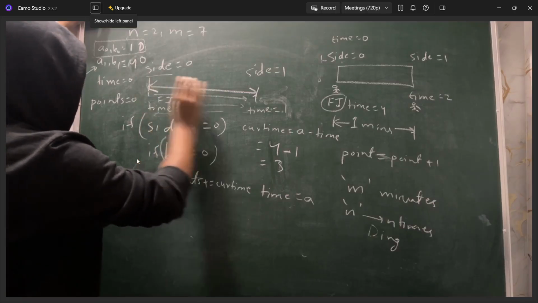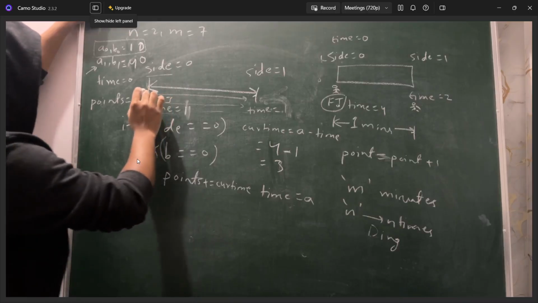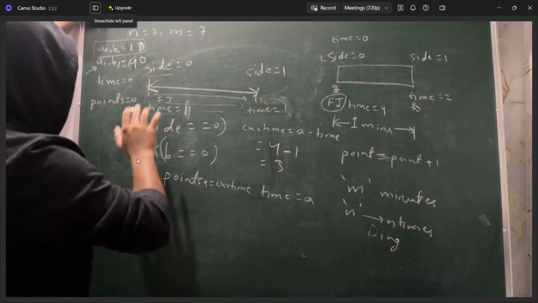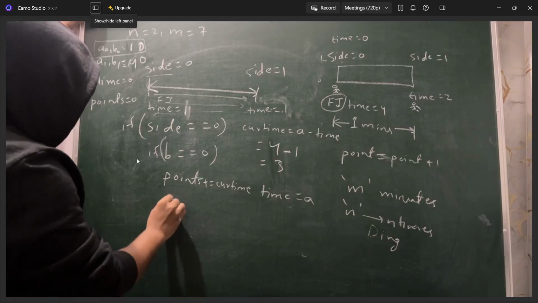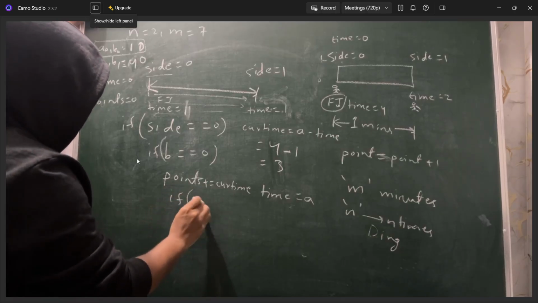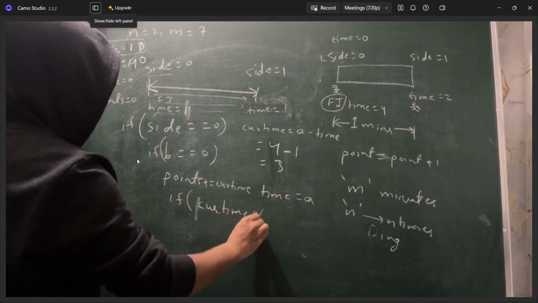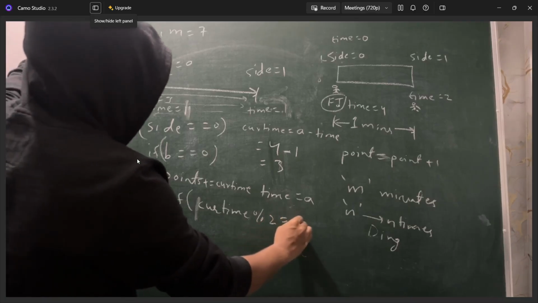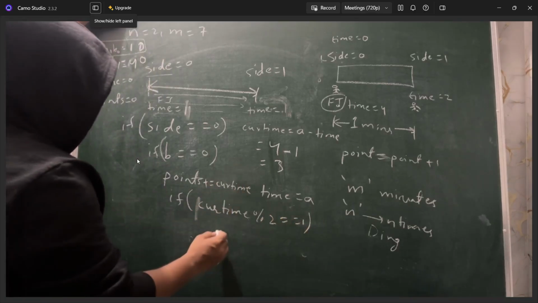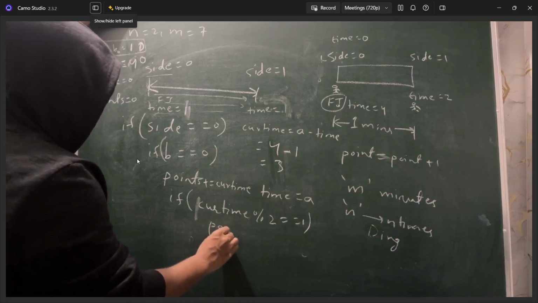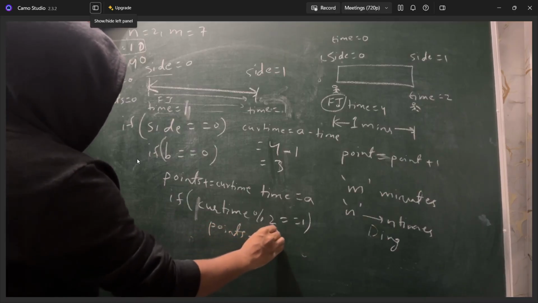So in this case only 2 iterations you'll be doing. You'll move to the other side and he'll come back, only this iteration will be done. So you'll have to check if this current time modulo 2 equals 1, which means if it is odd, then we'll have to decrease the points by 1.